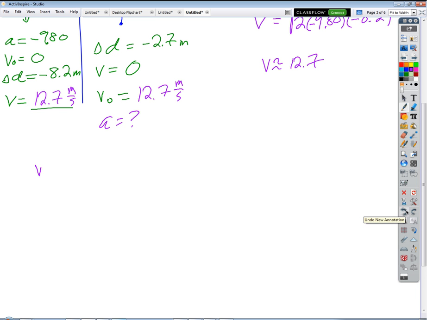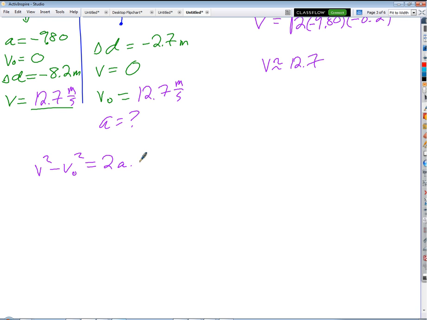V squared minus V naught squared equals 2A delta d. We're solving for A, but we know that V final is 0, so that goes away out of the equation. To solve for A, just divide each side by 2 delta d, right?